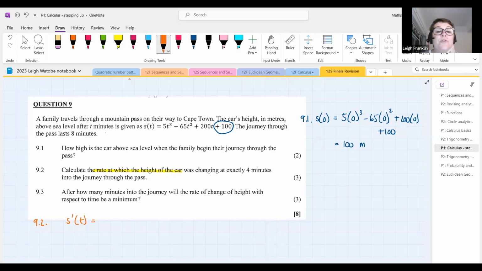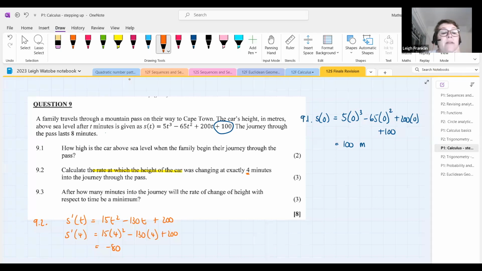I worked with the first derivative and I got 15t squared minus 130t plus 200. At exactly 4 minutes into the journey means you need to sub 4 into the derivative. So when you sub in 4, you'd end up with an answer of negative 80.